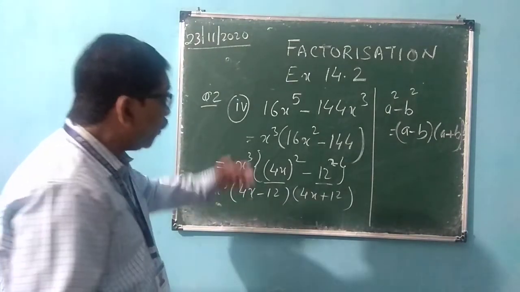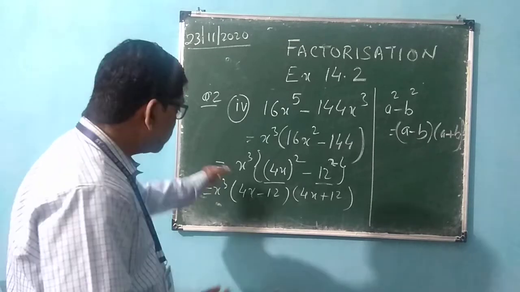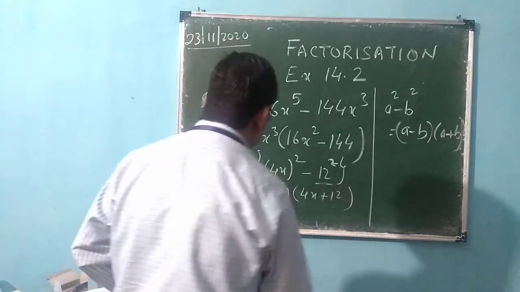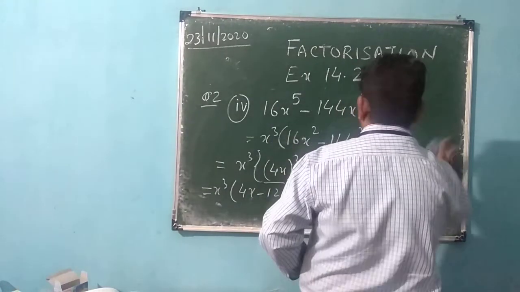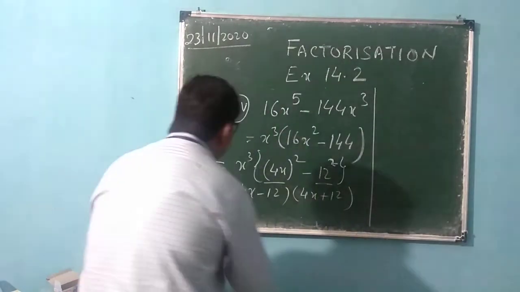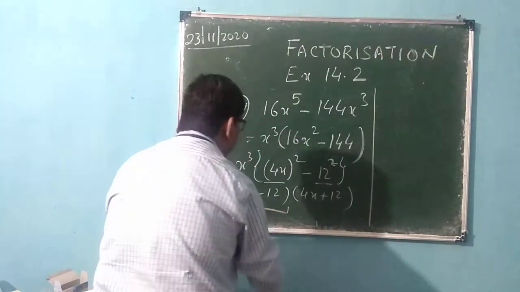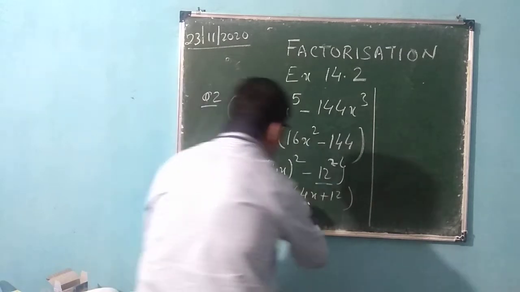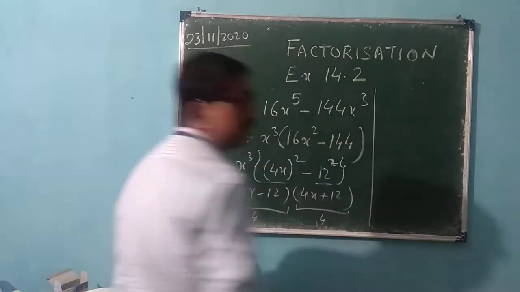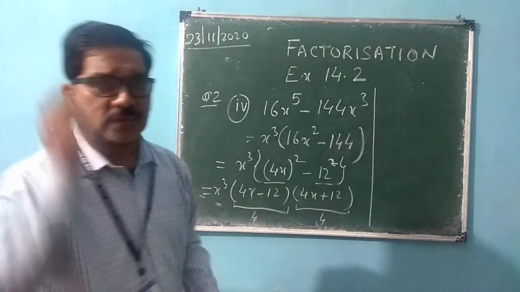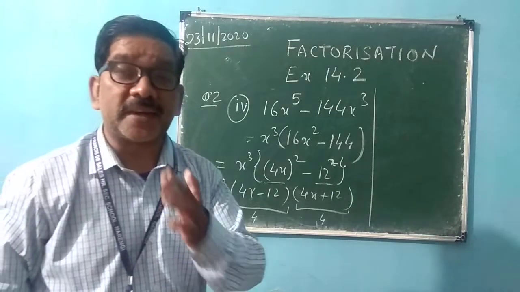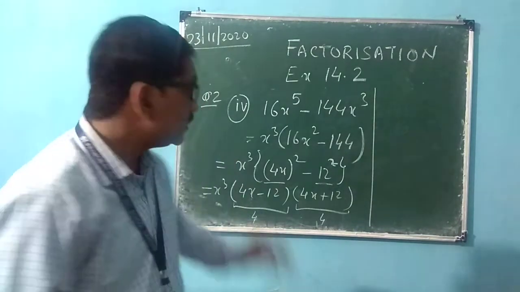Now, what further we can do is, from this bracket 4 can be easily taken out, and from this 4 can easily be taken out. It is factorized, no doubt, but it is not factorized completely. Let us factorize it completely.